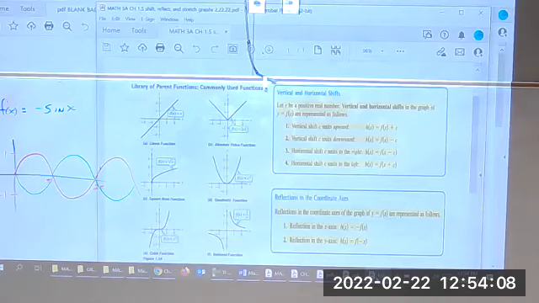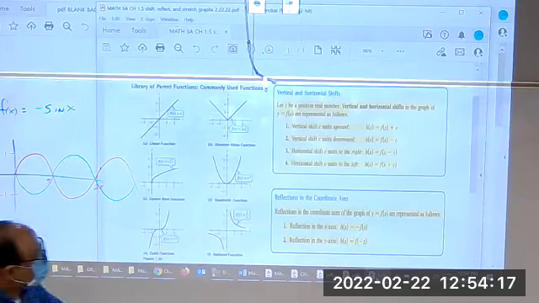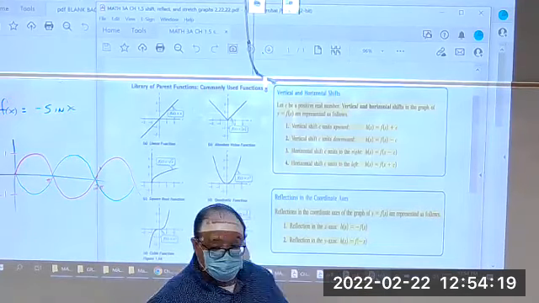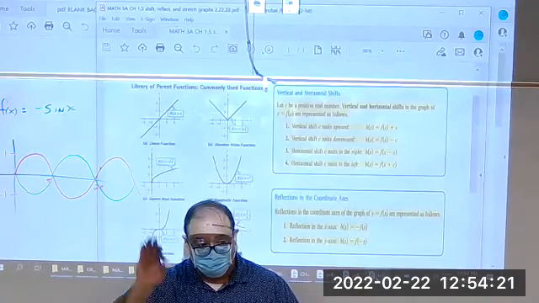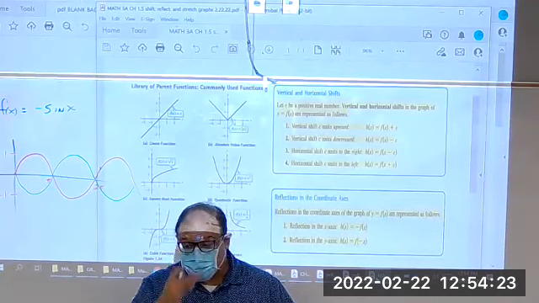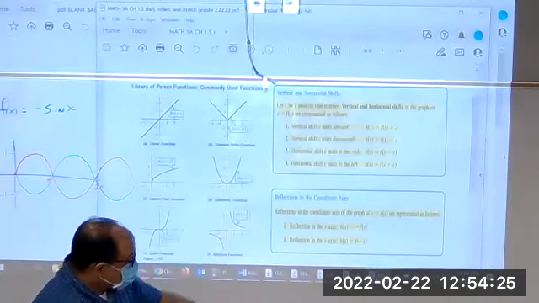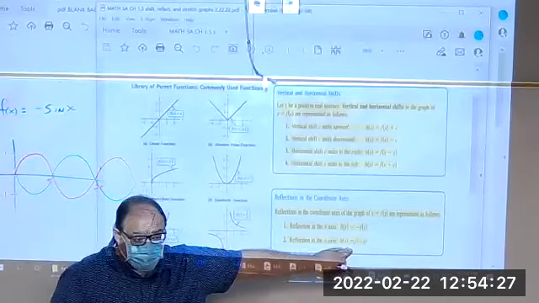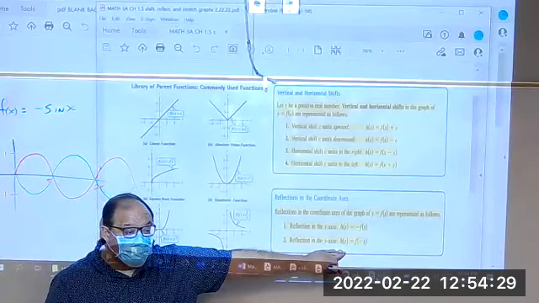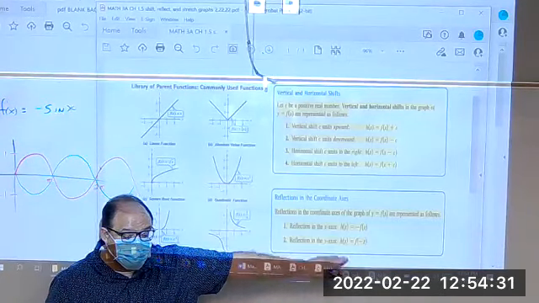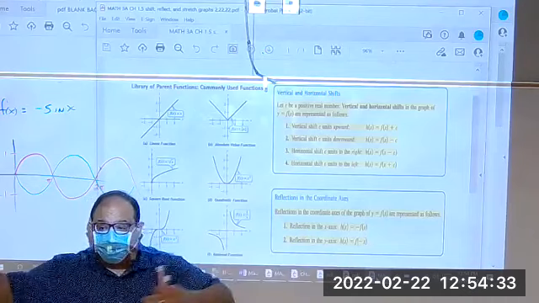No matter what we're graphing, absolute values, square roots, sine functions, cosine, any kind of function, you change the sign on the function, you're going to flip it vertically across the x-axis. If you change the sign inside on the x, that's when you get a reflection across the y-axis.